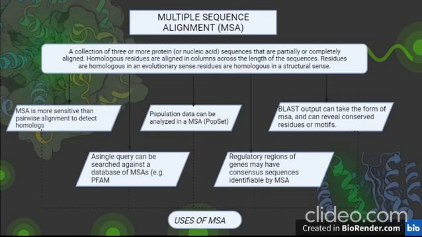Unfortunately, constructing an accurate multiple sequence alignment is a computationally intense and biologically complex task, such that no current multiple sequence alignment tool is likely to generate a biologically perfect result.